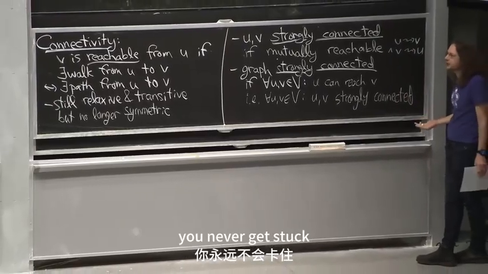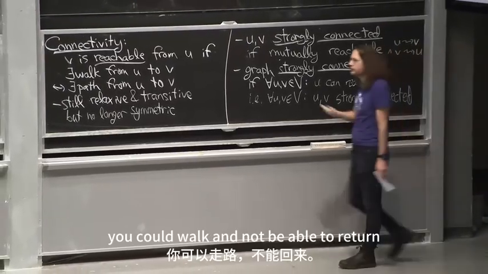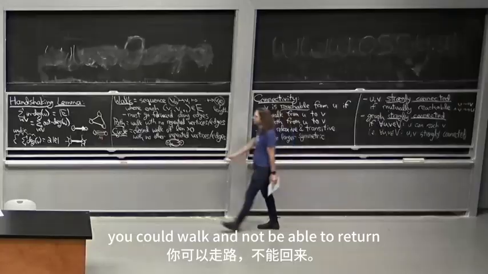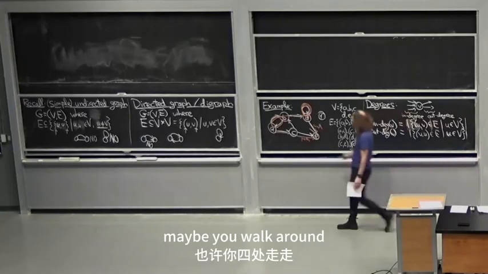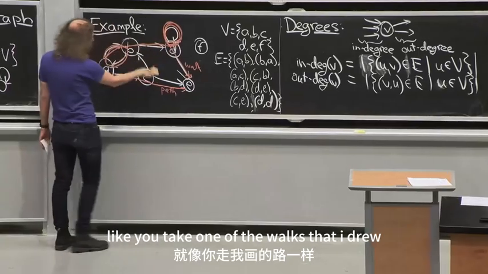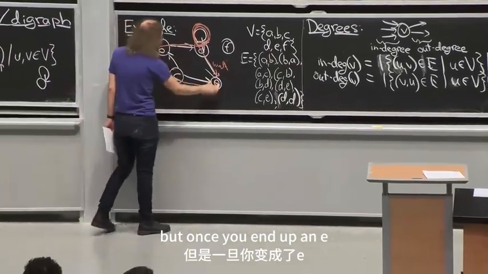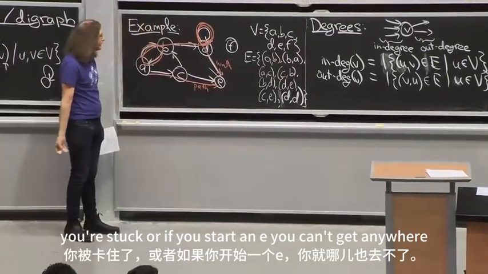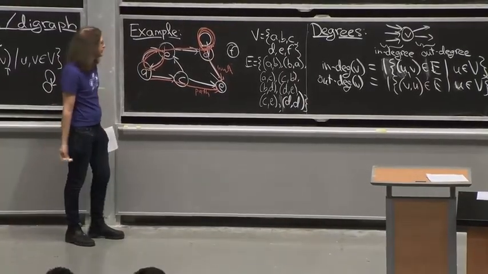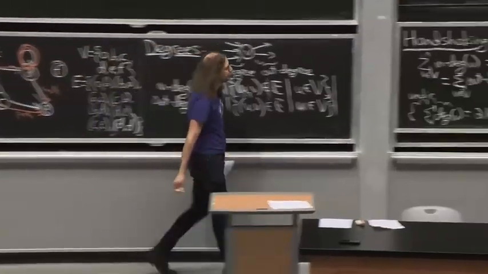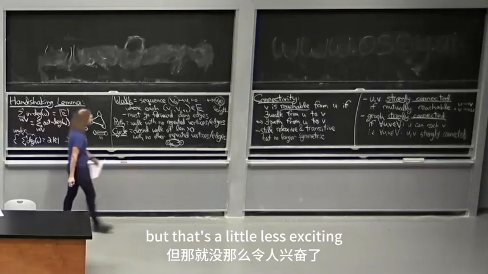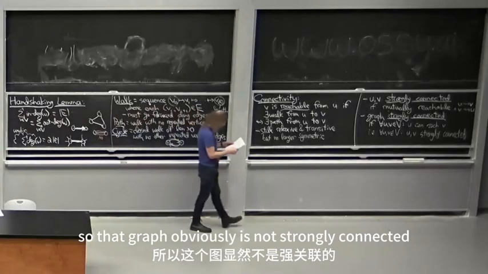You never get stuck. But in general, in a directed graph, you could walk and not be able to return. So for example, in this graph, maybe you take one of the walks that I drew, but once you end up in E, you're stuck. Or if you start in E, you can't get anywhere, except E itself. Start in F, you also can't go anywhere. But that's a little less exciting. So that graph obviously is not strongly connected.